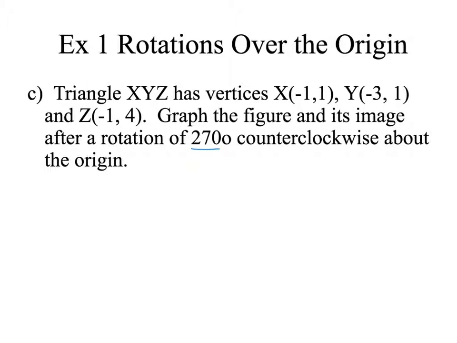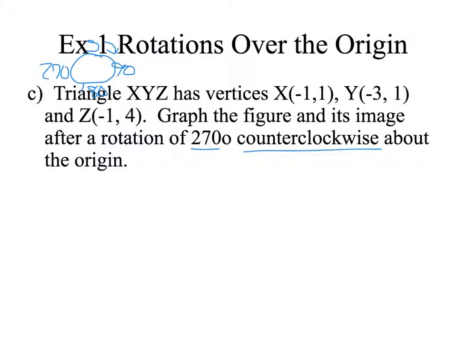Notice here it says 270, but it says counterclockwise. So now if you think of a clock, and we always start up at 12, and we said that 90's over at 3 o'clock, 180's down at 6, and we have 270 over at the 9 o'clock. And this is when we move clockwise, moving towards the right.